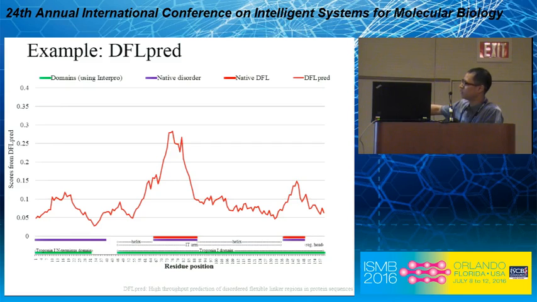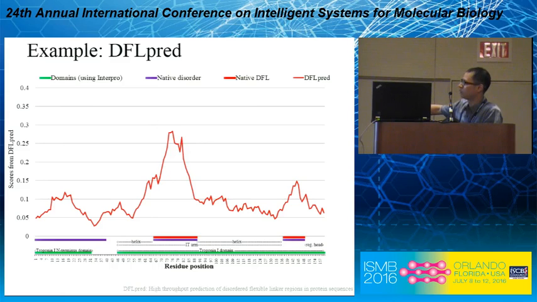From here we can see that the second domain, the troponin I domain, has two subdomains, the IT arm and the regulatory head, which are connected by this DFL region. And the first subdomain, the IT arm, has two helices, and the two helices are connected by this DFL region.